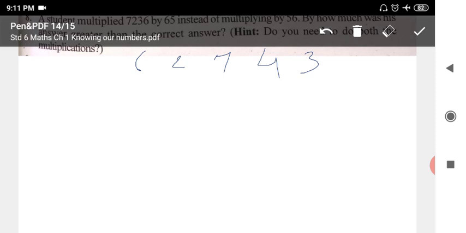The greatest number which we can form, we have to arrange in descending order as you have studied, then we will get the greatest number. So the greatest digit here is 7, so we will write 7 first, then comes 6, then comes 4, then comes 3, and the last comes 2. This is the greatest 5-digit number we have formed here.